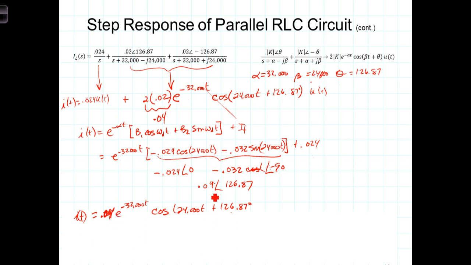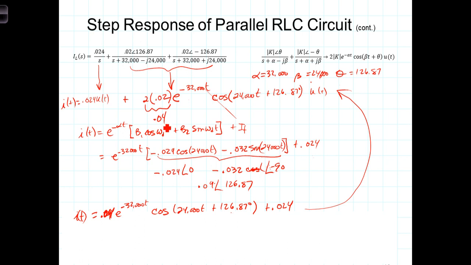The 0.04 is the magnitude of the combination of those two things. So 0.04 times that, plus 0.024.